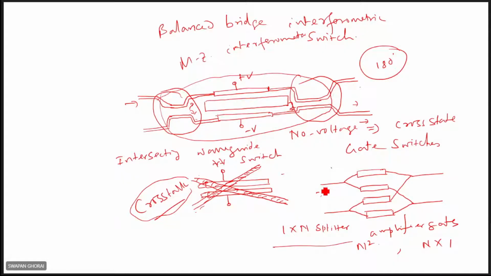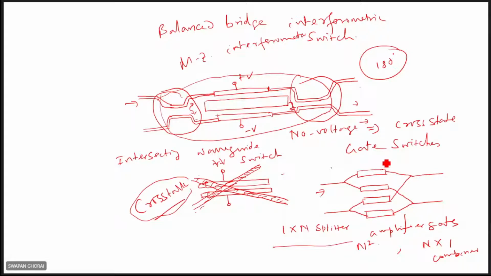When the input signal is coupled into the splitter, it is divided, and then the signal passes through these gates, and then there is an n:1 combiner, which is just the reverse of the splitter.